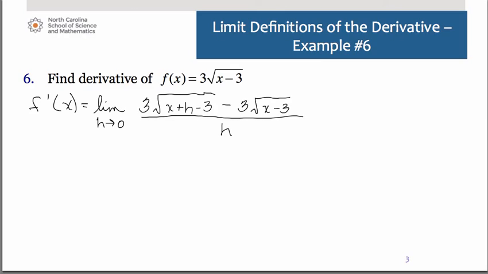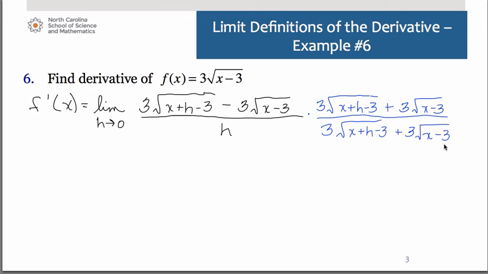So the conjugate we will multiply by will be 3 square root x plus h minus 3 plus 3 square root of x minus 3. Across the numerator, we'll go ahead and multiply that out.